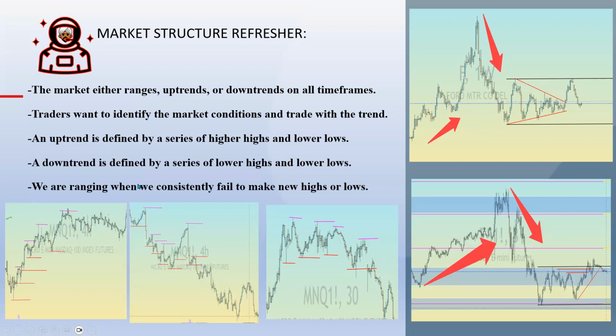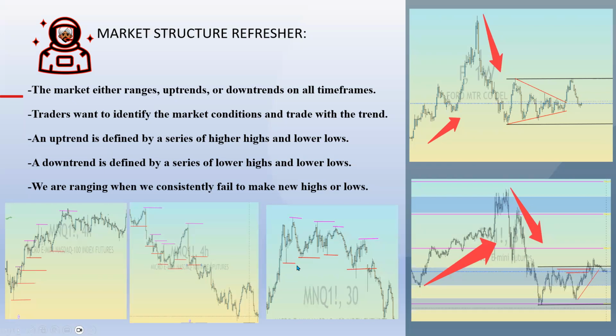Ranging is when we consistently fail to make new highs and new lows. If we start ranging for too long, that is kind of a recipe for a reversal, so that is something I'm always looking at. When we start consolidating and ranging, I am paying the most attention, because that's when market structure starts to shift and the candlesticks are going to tell you that we're about to reverse.